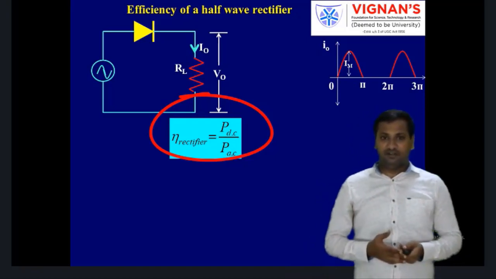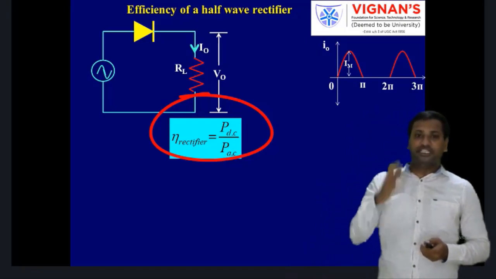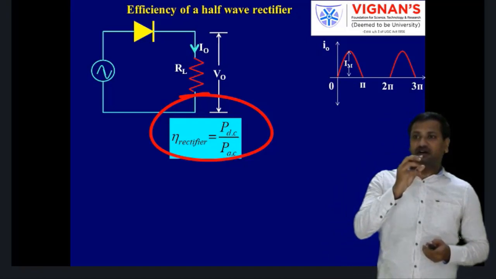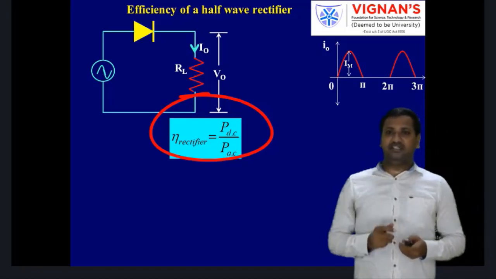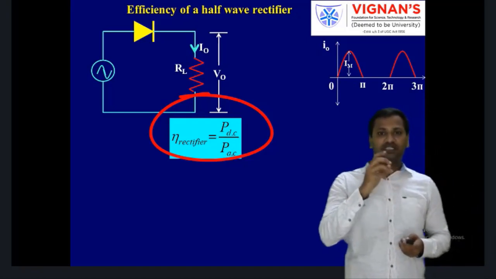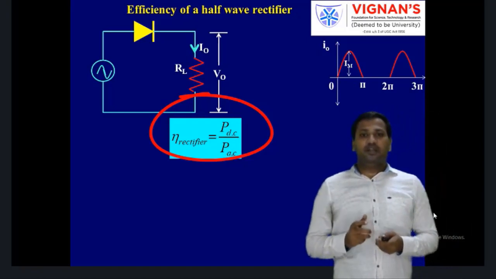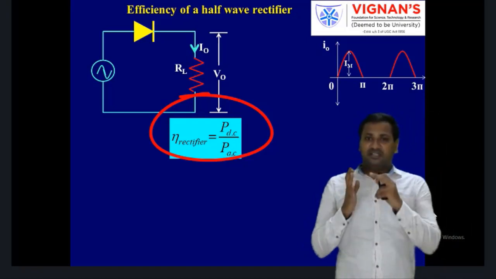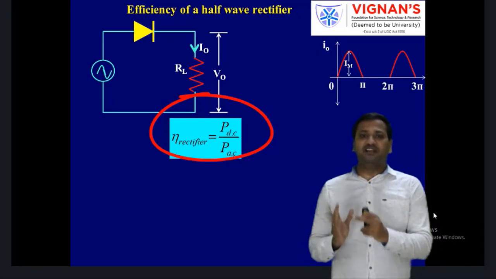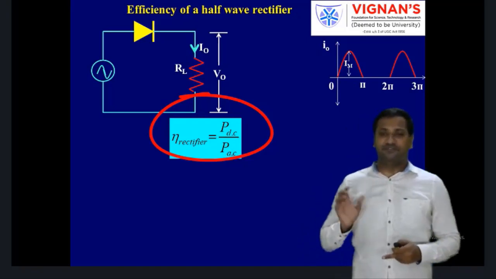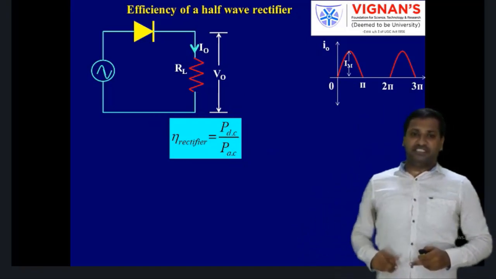So for finding output DC power, we need voltage and current. That is nothing but average voltage and average current. We already found the average and the RMS values of this half wave rectified output waveform in the previous sections.